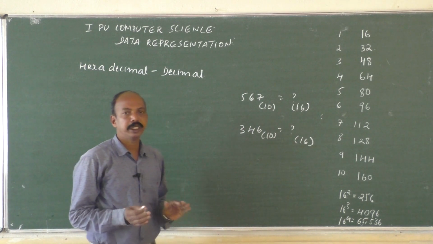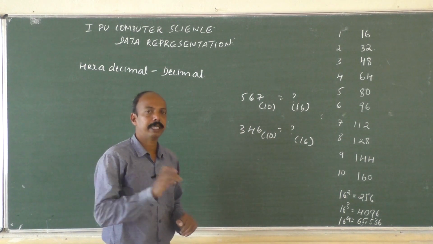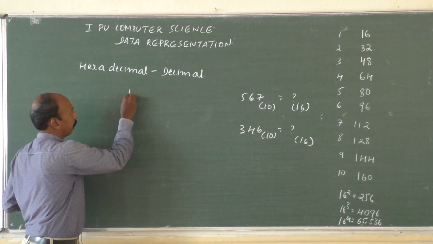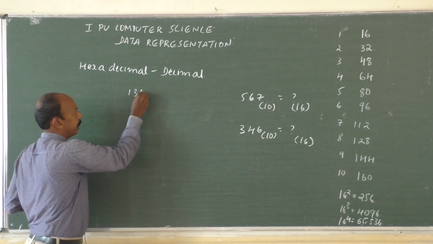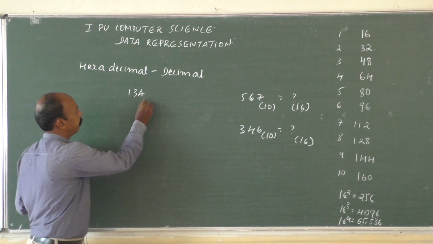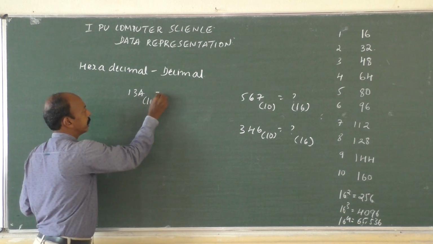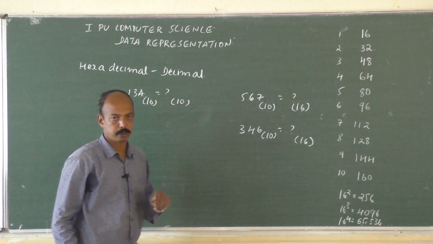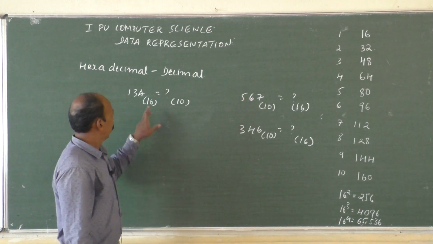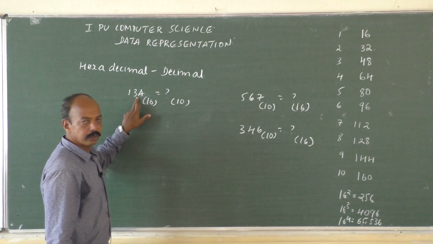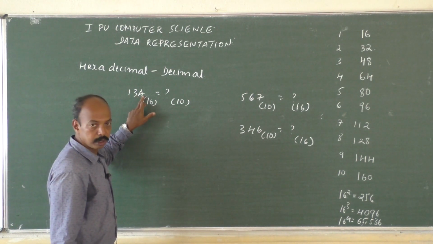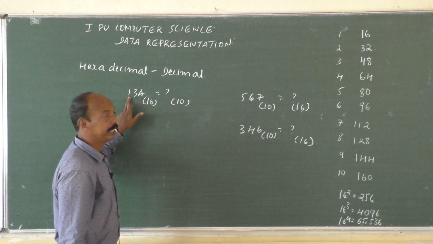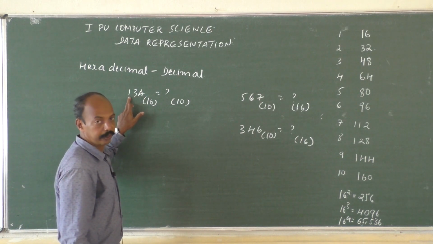With respect to positional values, we have to multiply now. That means, suppose a number is given, 13A to the base 16 is how much to the base 10? What to do? With respect to positional values, A into 16 to the power 0 plus 3 into 16 to the power 1 plus 1 into 16 to the power 2.